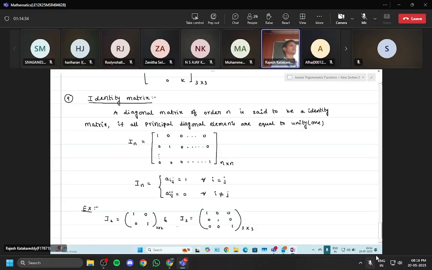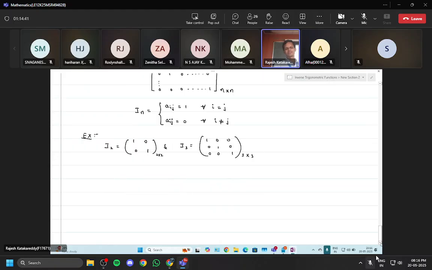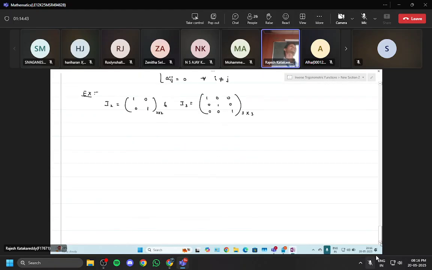Next is null matrix. Can you write the null matrix definition for me? See, a null matrix need not be a square matrix. It can be of any order. A matrix, just a matrix, not necessarily square, is said to be a null matrix if every element is equal to 0. Clear? Number 10, I guess.